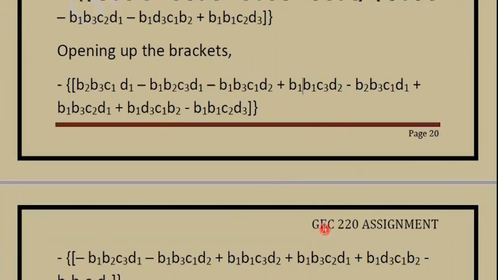But some things still have to go away. Like now, this is positive and this is negative. So they cancel out each other. You don't need them anymore. Cancel them out. You don't need them because they will give us 0.